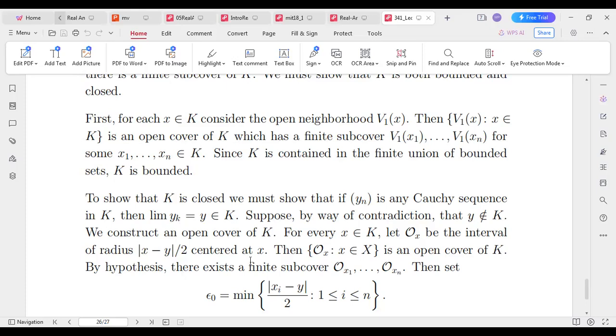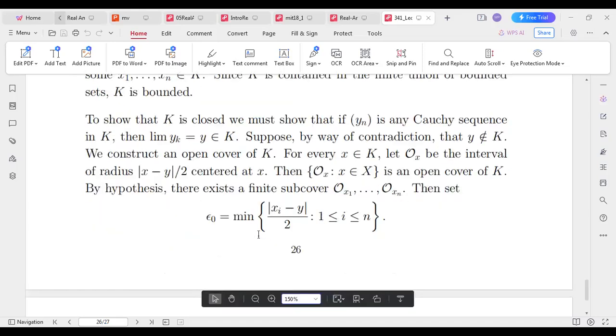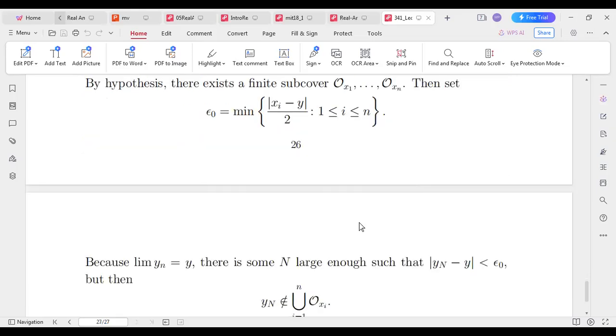By the hypothesis, there exists a finite subcover O_{x_1}, O_{x_2}, ..., O_{x_n}. Then set epsilon_naught to be the minimum of |x_i - y|/2 such that i lies between 1 and n, that means i in the closed interval [1, n].